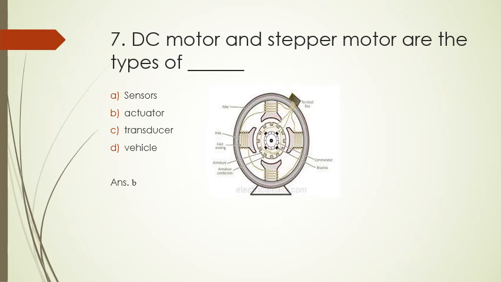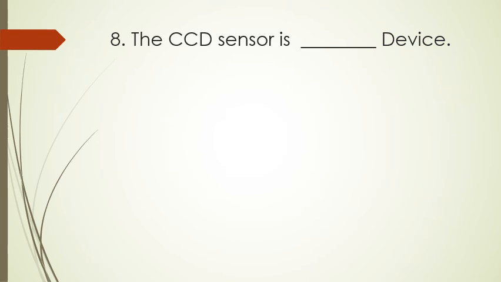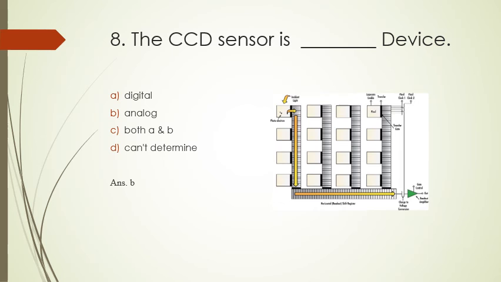This is how the DC motor looks, and this is how the stepper motor looks, and both of them are actuators. Next question is, the CCD sensor is dash device: digital, analog, both A and B, or can't determine. The CCD sensor is an analog device, so option B is the correct answer.